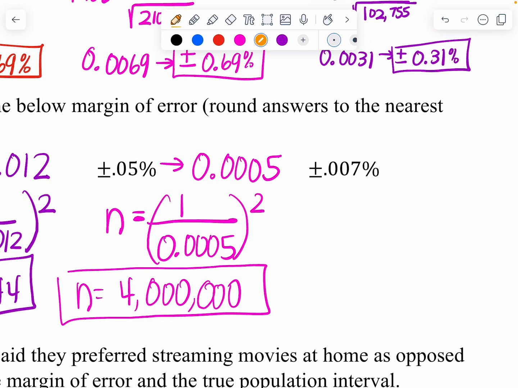So our margin of error just got smaller again. So we're going to go 0.00007, 4 zeros and then the 7. So my sample size is equal to 1 divided by 0.00007.